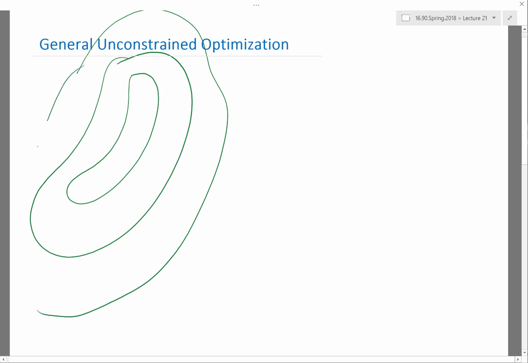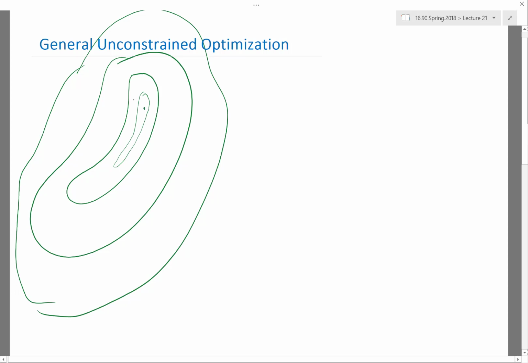Now, let's say we have a general function with a contour being like this hot dog shape, and this function has a local minimum over here.